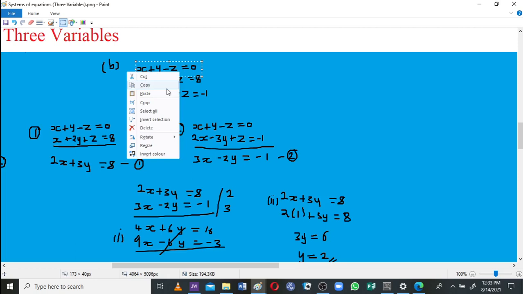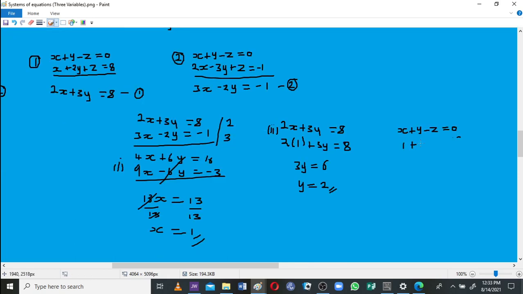So let's do it from here. Remember the value of x is 1, so I substitute there, plus the value of y is 2, now minus z is equal to 0. That means the value of z will be nothing but 3.